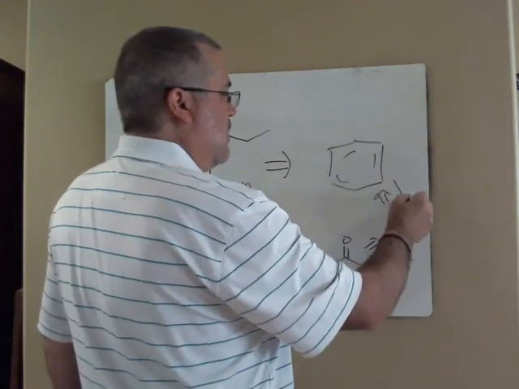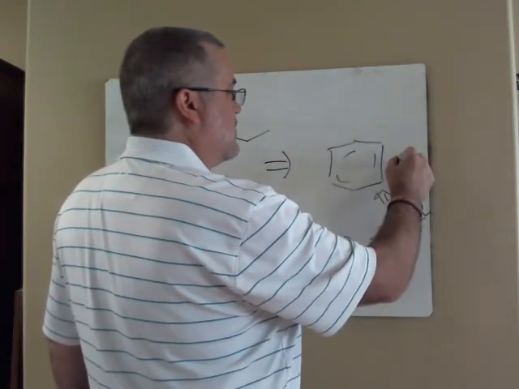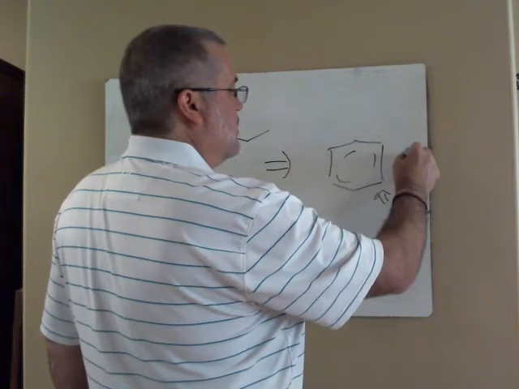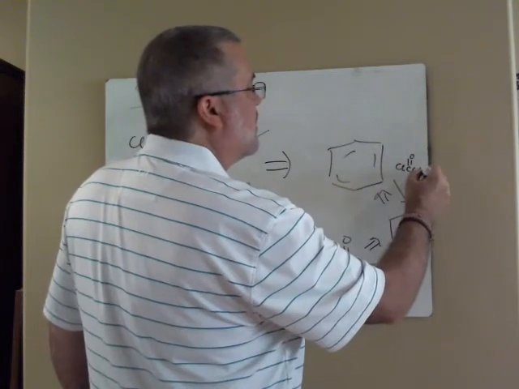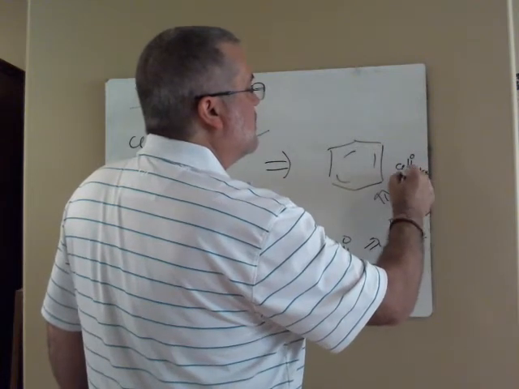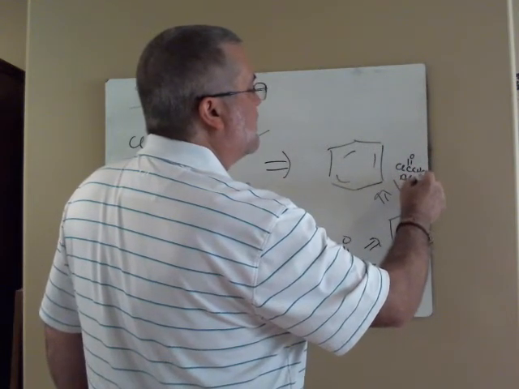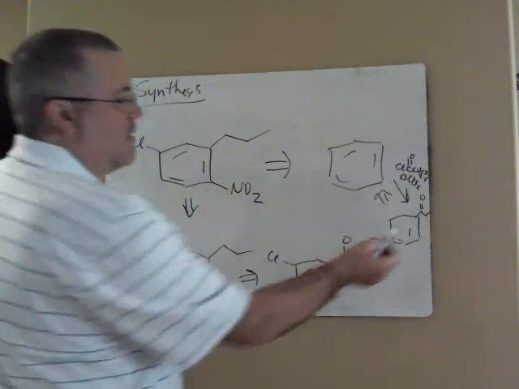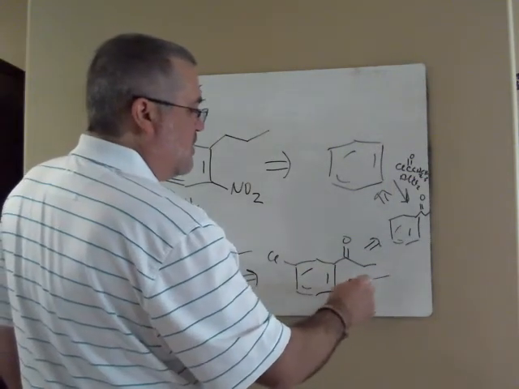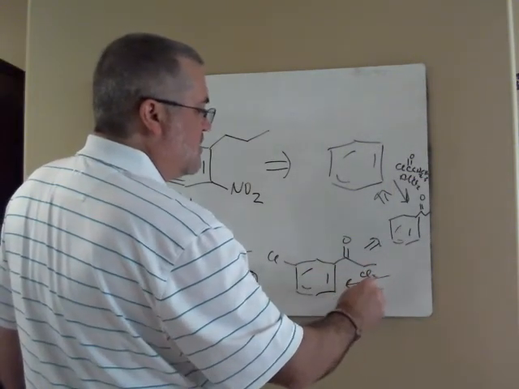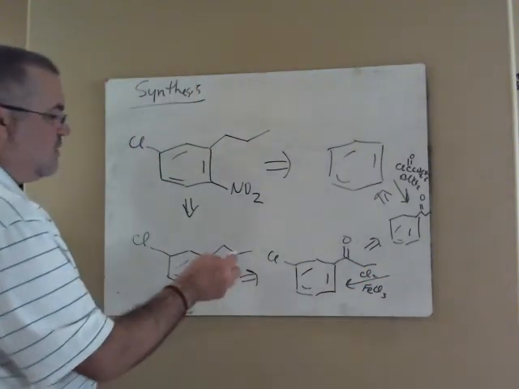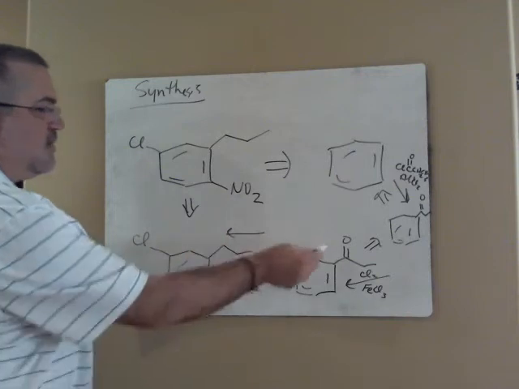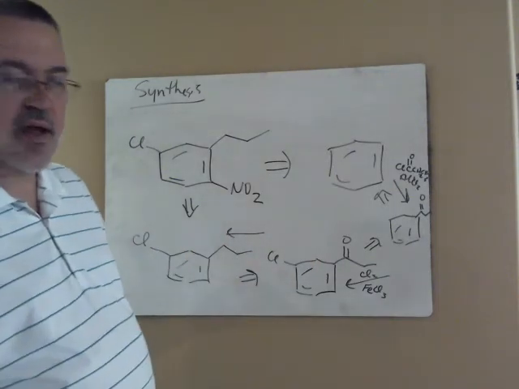And so that means the forward direction is, I have three carbons, right? So you first do your Friedel-Crafts acylation. That puts the acyl group on. Then you do a chlorination to get this. And then you're going to reduce this. And we know several ways of doing that now, right?